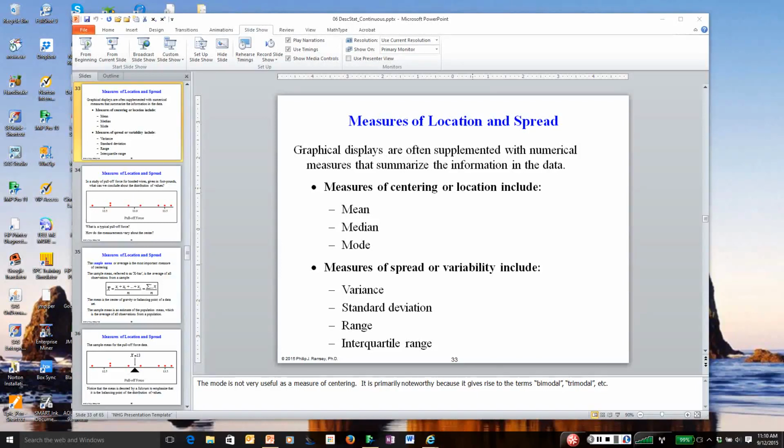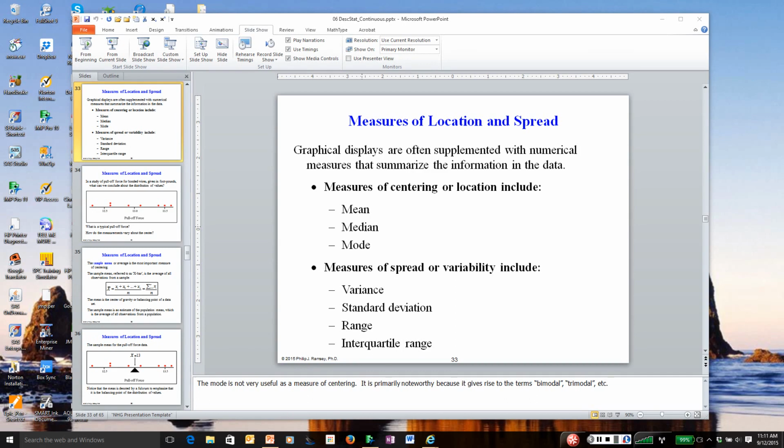Welcome to our third video on describing continuous distributions. In this particular video, we're going to talk about how to actually quantify the location. Remember when I said for a distribution, we look at its shape, where it's centered, or we could say where it's located on whatever scale it's measured on, and we're going to look at spread.